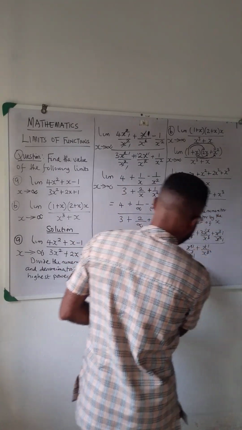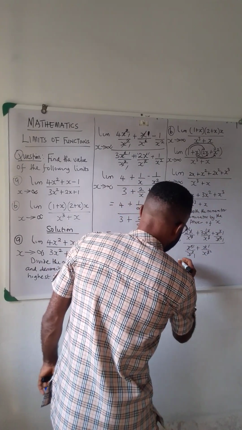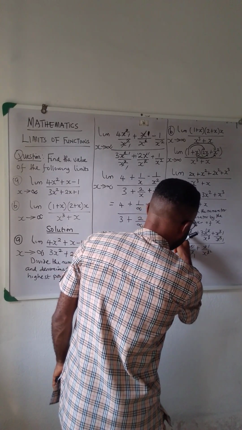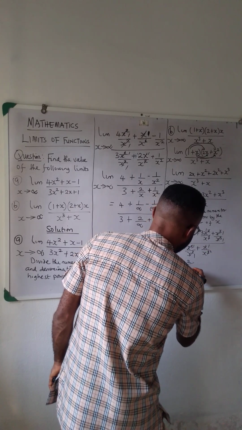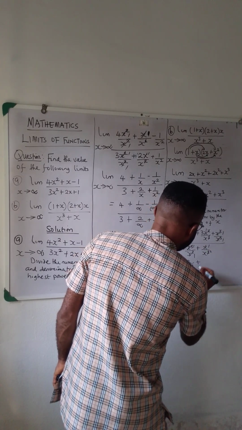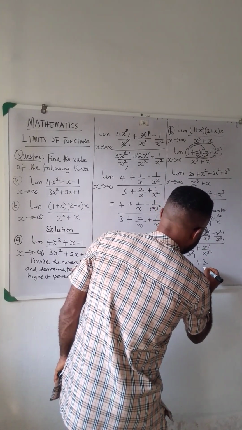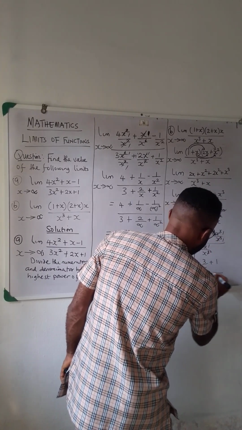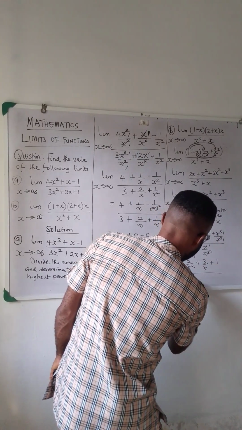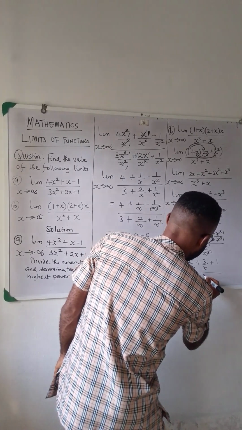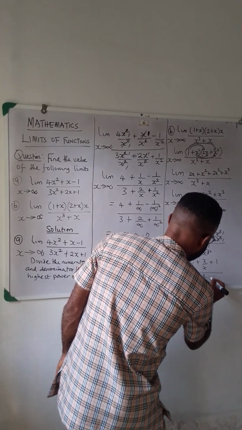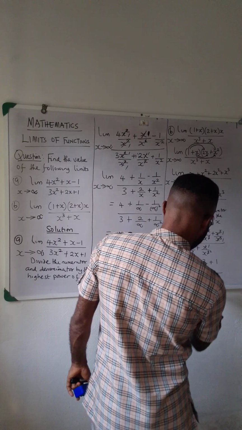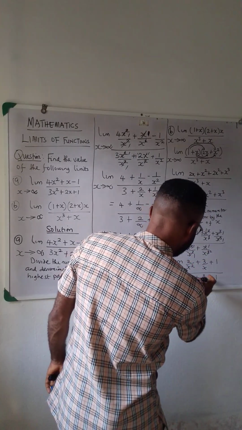So, having done that, our solution now becomes limit of, what we are left with is 2 over x squared plus, this one will be 3 over x plus, this one will be 1, divided by 1 plus 3 over x.